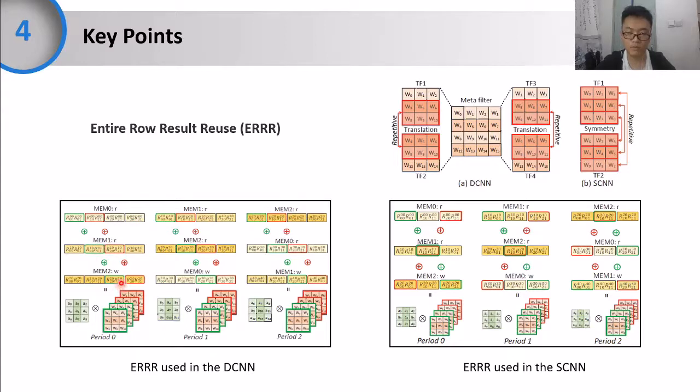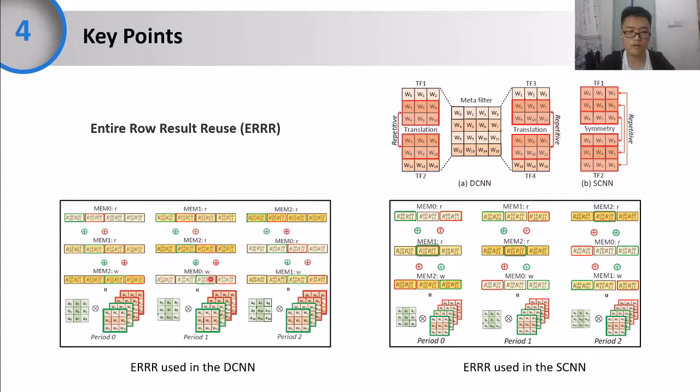And when the third input activation row is generated, it will be added with the activations in memory 0 and memory 1, and in this way, the complete activations over count windows can be generated.